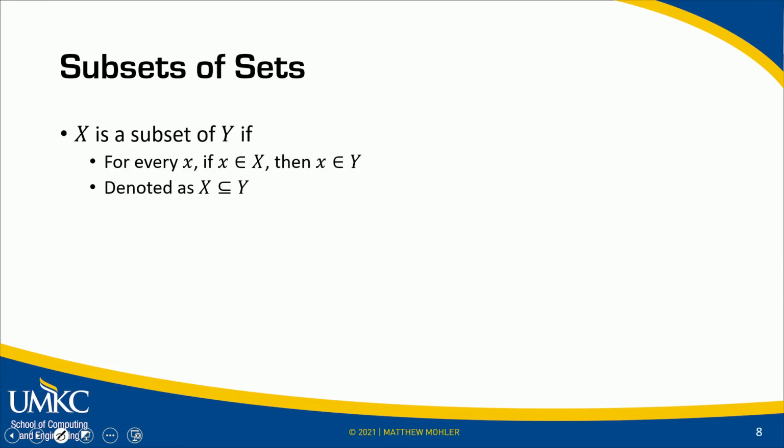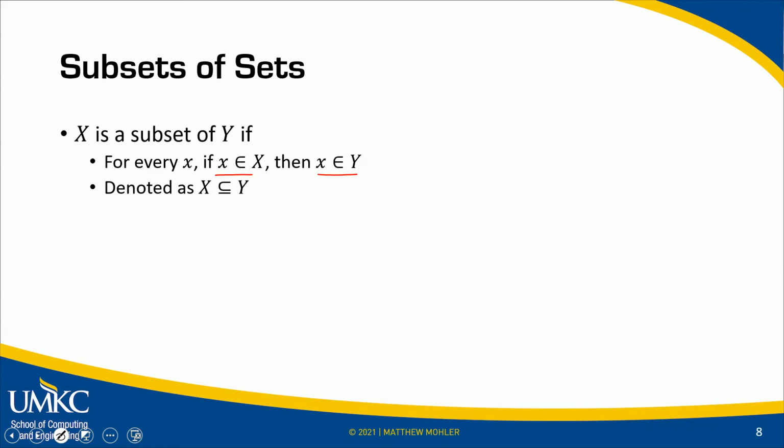Now, looking at subsets of sets, we can say that a set X is a subset of the set Y as long as for every element, if that element is part of the set X, then that element also has to be part of the set Y. And this is half of what we just looked at for equality.